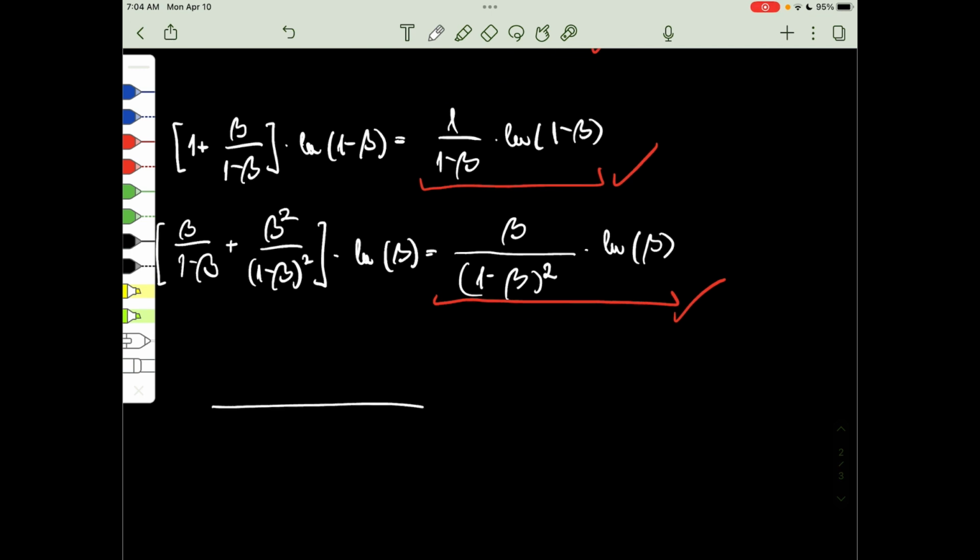So let's do the classic steps. Okay, this is correct. This is correct.